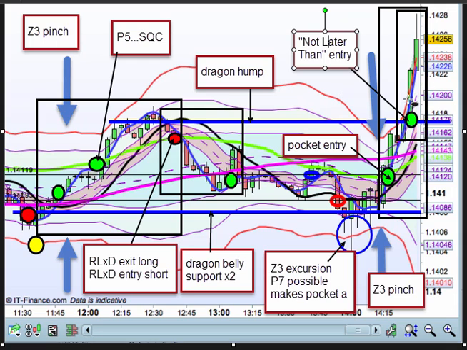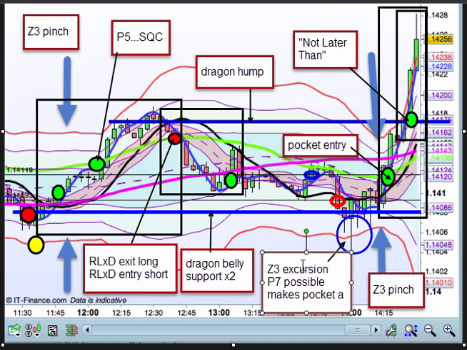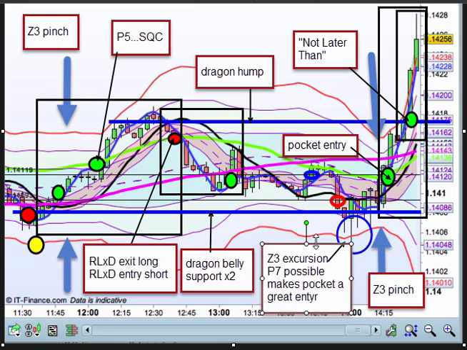By the same token, when this price level down here at the dragon hump failed, you see that great big long excursion. That's a Z3 excursion, meaning that it went past the Z3 line. That actually becomes a short entry. So this exit on this long effort that stops here, that could actually be a short.